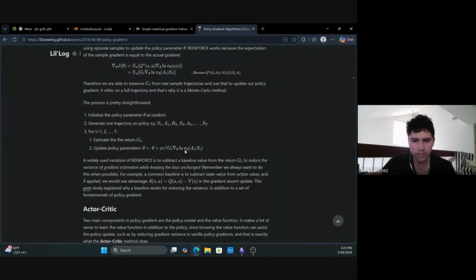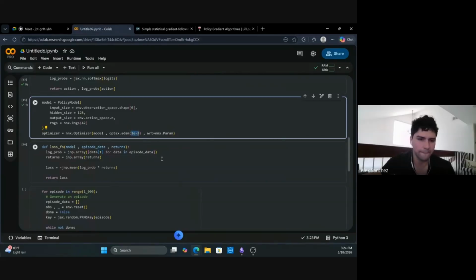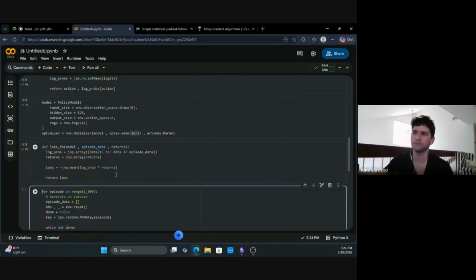We have this probability of an action given a certain state. We have our G, which is our returns. This is the little gamma. This is our learning rate, and then we add it to the original parameters. That's kind of its own version of backpropagation. Here we have our learning rate, and we return the loss here.